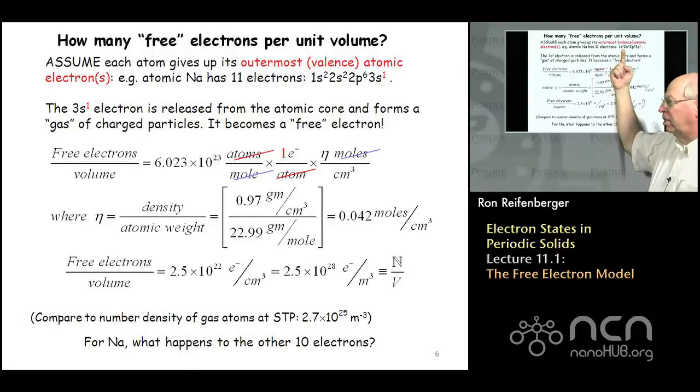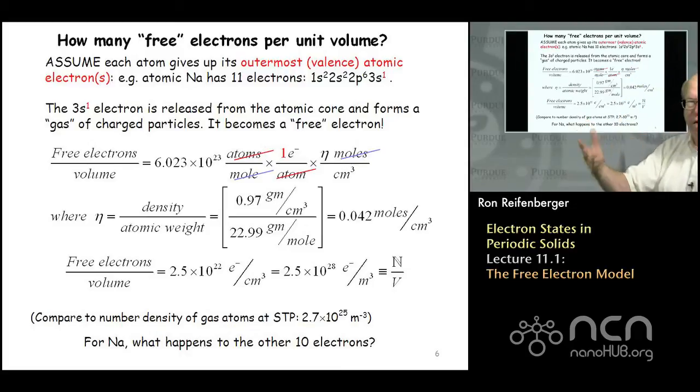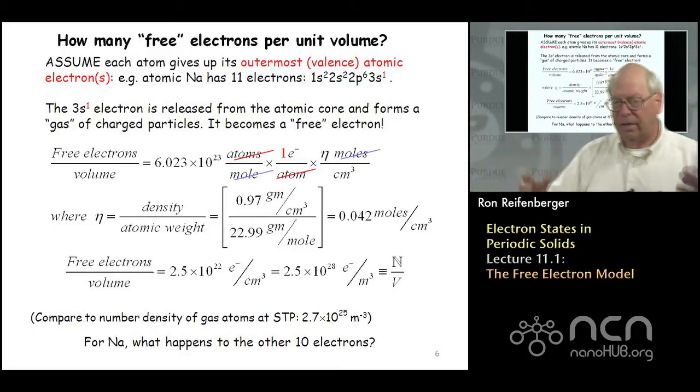Actually, 10 of the 11 electrons are tied up in the 1s, the 2s, and the 2p shells. The most weakly bound electron is the 3s1 electron, and this is the electron that's going to be given up and free to move throughout the crystal.